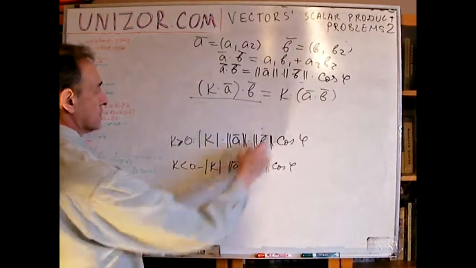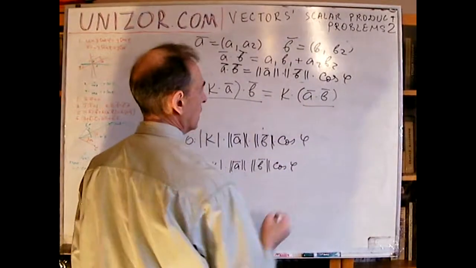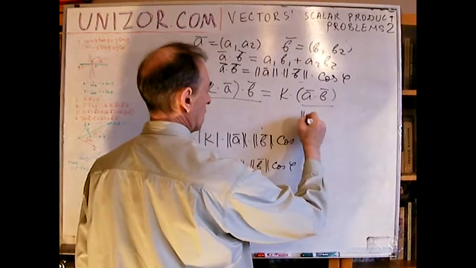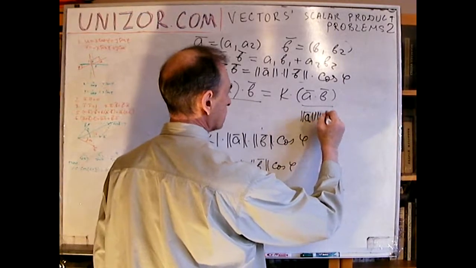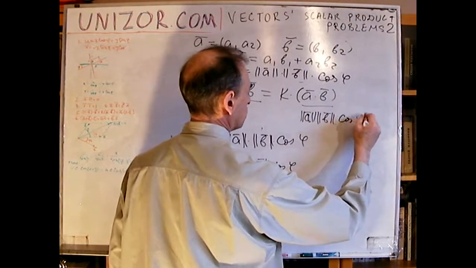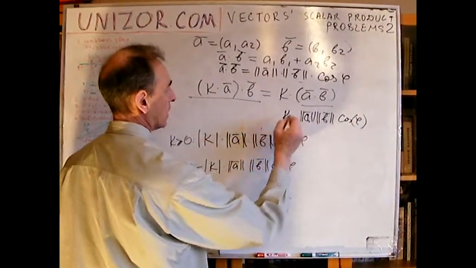Now let's talk about this part. Well, this is always absolute length of A times length of B times cosine of phi. And we multiply by k.